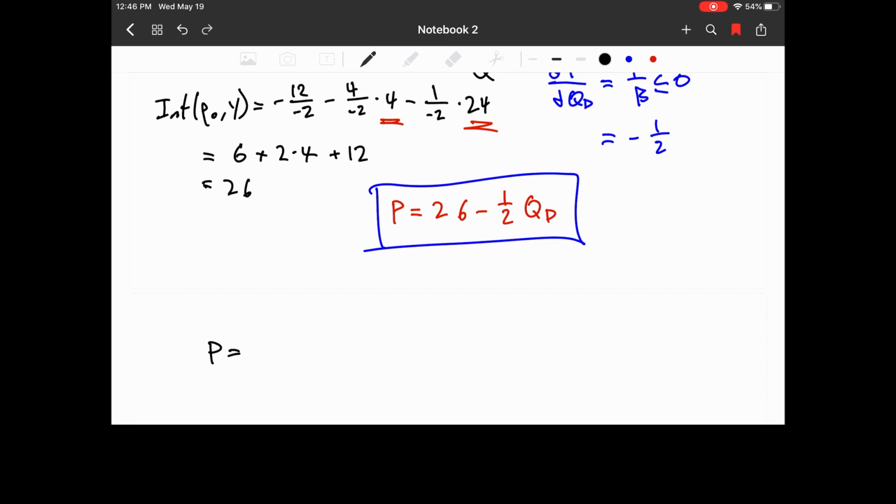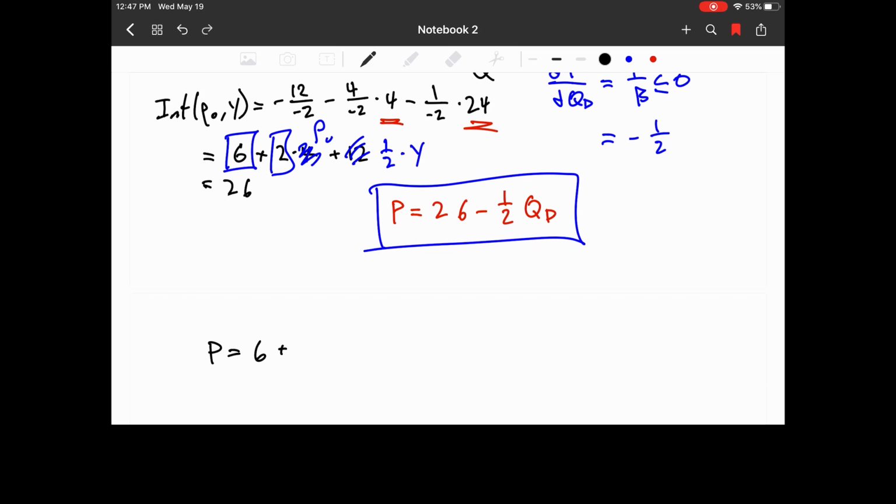So that just leaves us with 6 plus, if you're following along on the screen, I'm just taking these values here, and instead of this one, we have 1/2 times y, and for this one, we have P0.